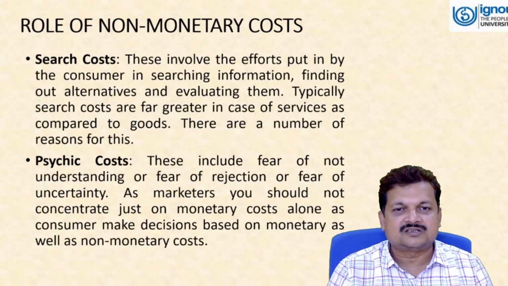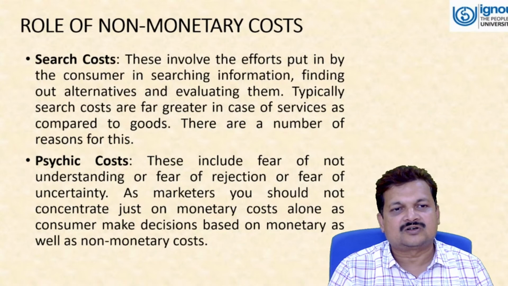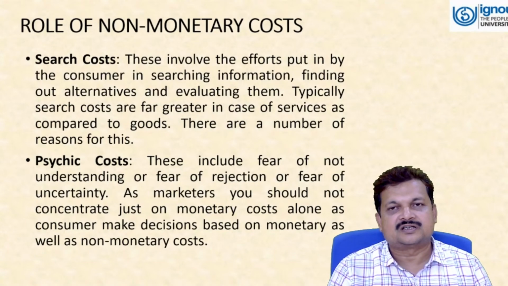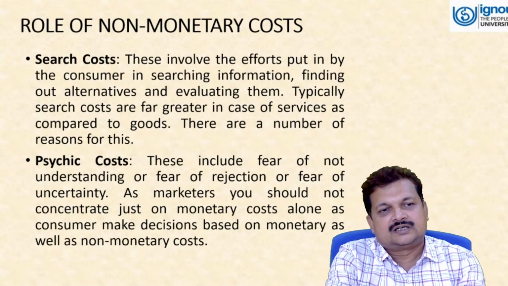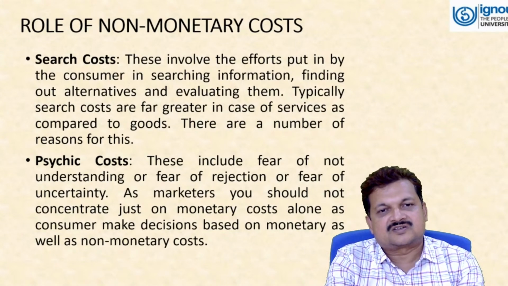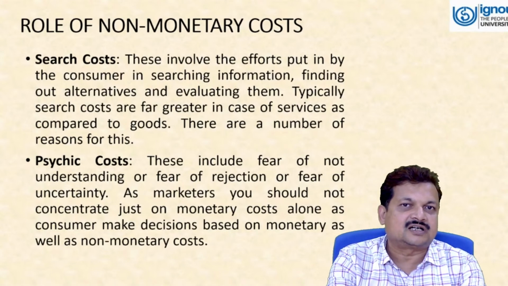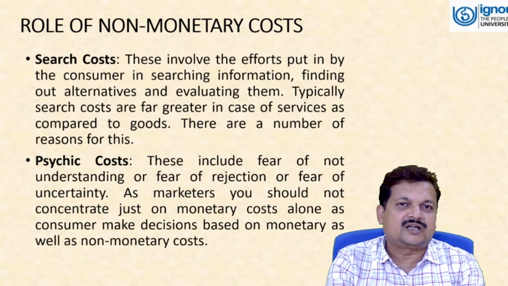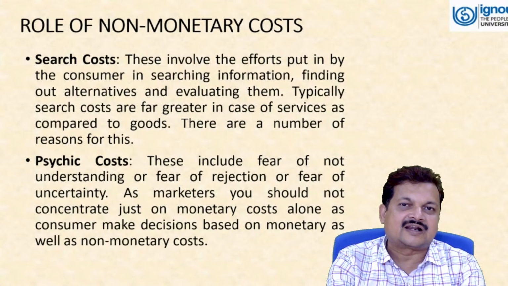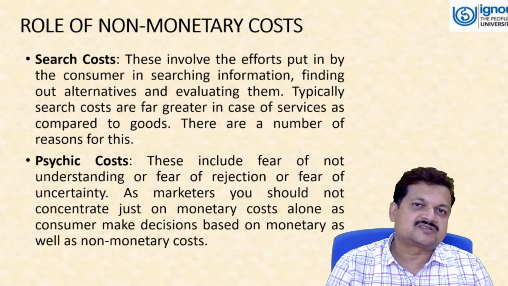Psychic costs include fear of not understanding, fear of rejection or fear of uncertainty. If rejection of these particular services or uncertainty is there, whether it will come or not, these costs are also related. Like your waiting time: you have booked a train ticket and it comes that your ticket is not reserved, it is unreserved or RAC, reserve against cancellation.